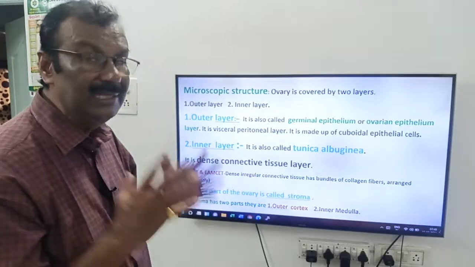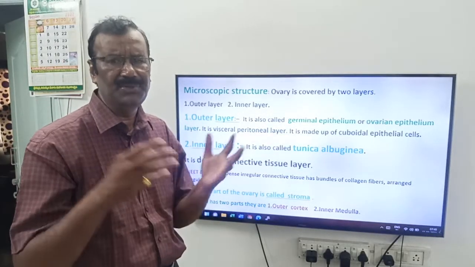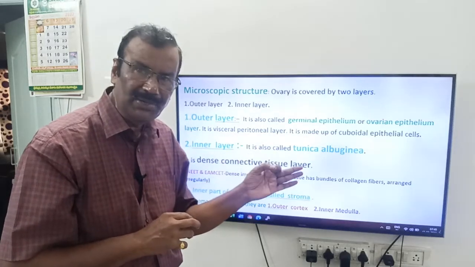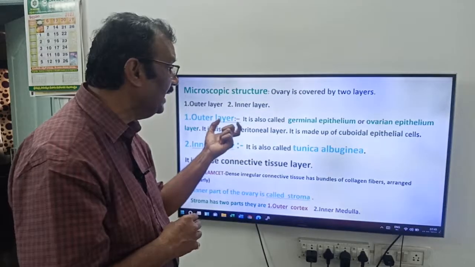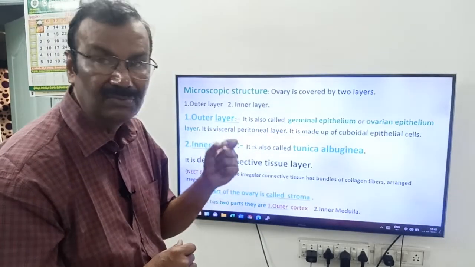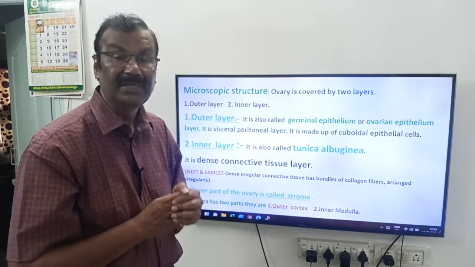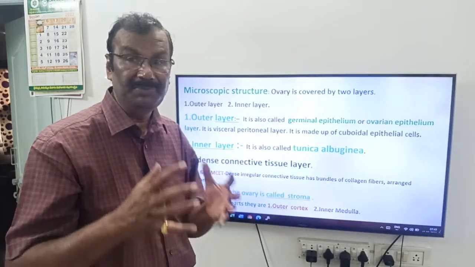Friends, this is a type of visceral peritoneal layer. You know, we have two types of peritoneum. One is parietal peritoneum, another is visceral peritoneum. This outer layer of the ovary is what, friends? It is the visceral peritoneal layer. Next, it is made up of epithelial cells. What type of epithelial cells are they?